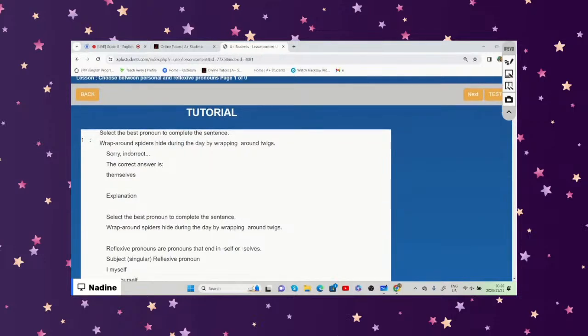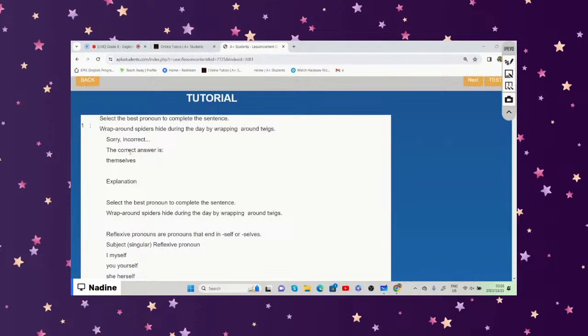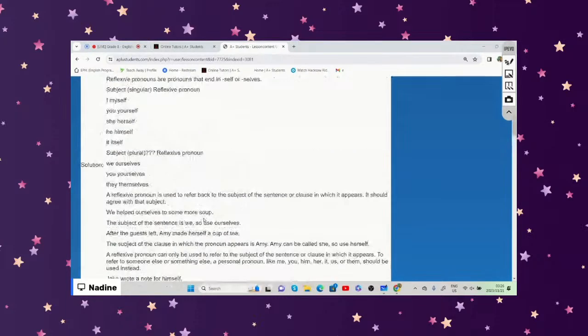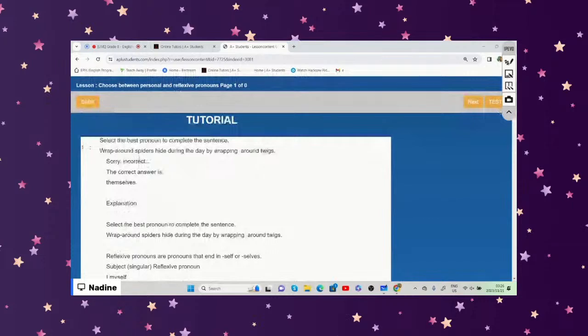So here they're saying it is wraparound spiders, which can be called they. So basically they, which are the wraparound spiders, hide during the day by wrapping around twigs, or wrapping themselves around twigs.